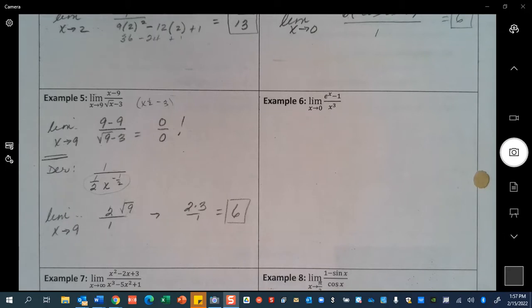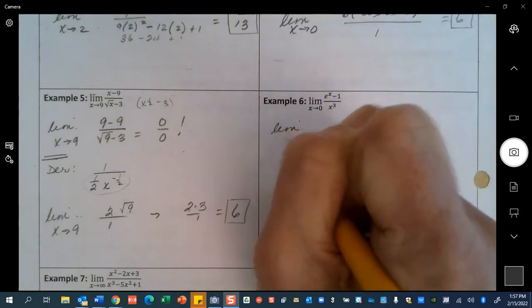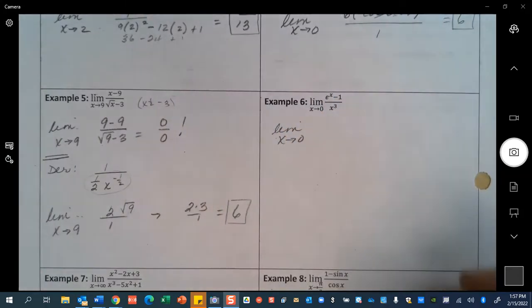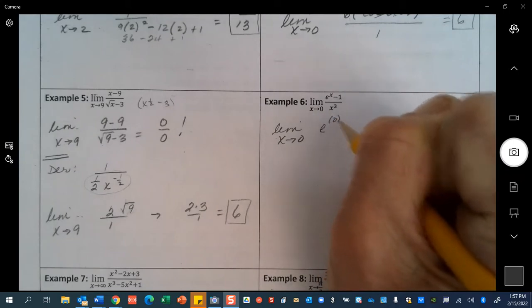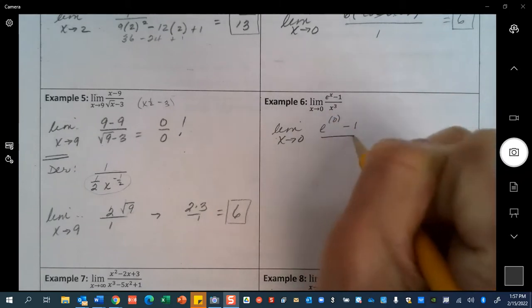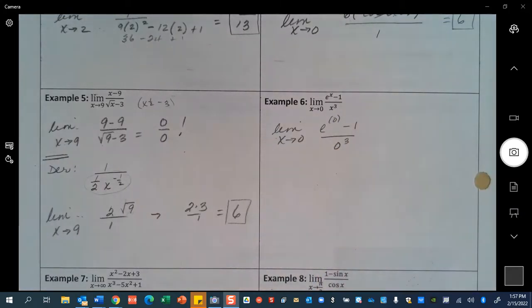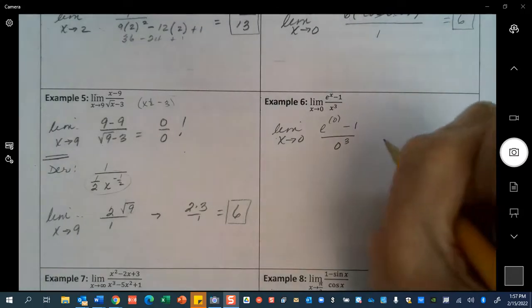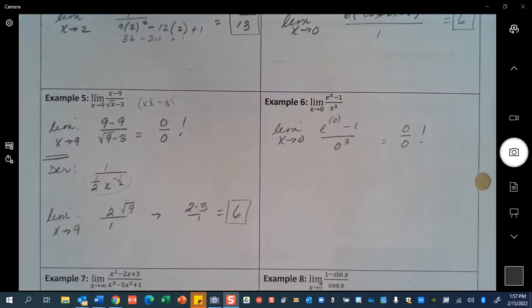All right. So when we talk about our next example, the limit as x approaches 0, if I have e to the x minus 1 all over x cubed, what is e to the 0? 1. 1 minus 1. That's how I get that indeterminate form first.